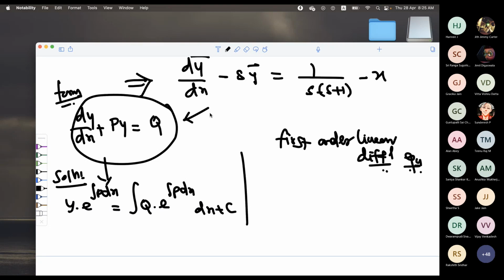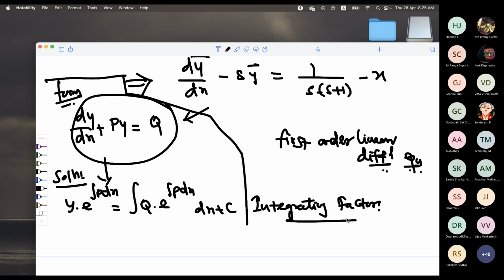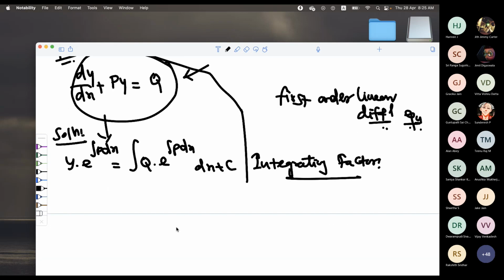So this is not in our part; for understanding purposes I just wrote it here. So the integrating factor I'm trying to find, which is nothing but e raised to the power integral p dx.